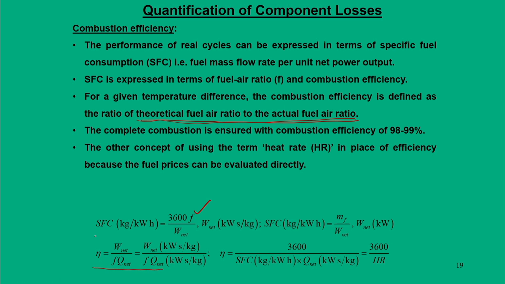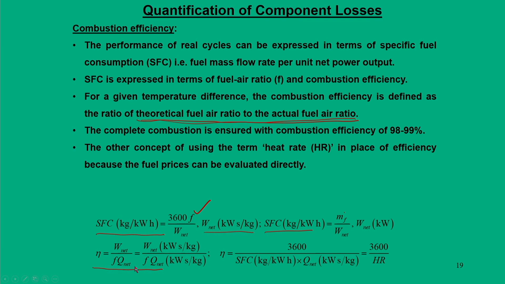Apart from that, there is a standard way of representing specific fuel consumption, normally represented as kg per kilowatt hour, where SFC is equal to 3600 F by W net, where W net is represented in kilowatt second per kg. Another way of representing specific fuel consumption is in terms of mass flow, m_f divided by W net. By considering all these things, we can define the efficiency as W net by F times Q net.